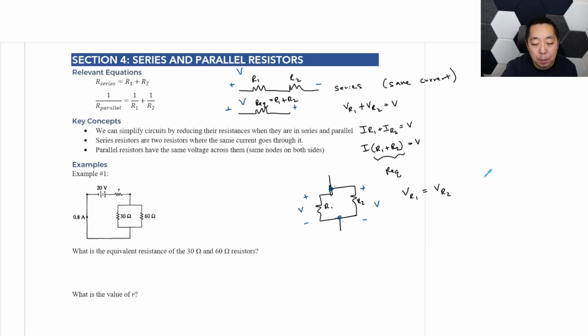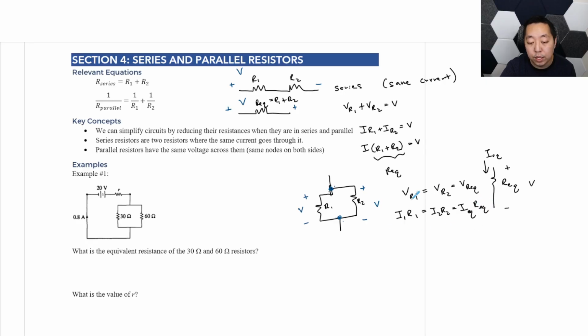So if I wanted to compare it to an equivalent circuit that had the same voltage, I would say V over R1 equals V over R2, and that equals V over R equivalent. Since V equals IR, it's I1 times R1 equals I2 times R2, which equals the current through this thing, we'll call it I equivalent, times R equivalent.